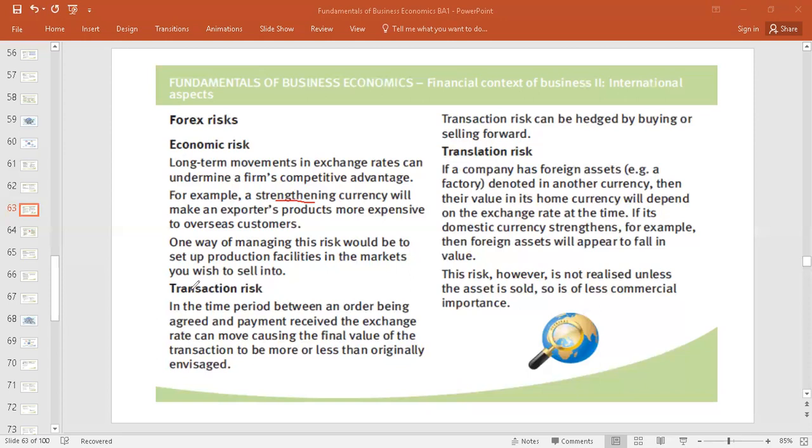At that time, the investments made in foreign countries, the asset value has to be translated into the domestic currency. On translation, because of fluctuation in foreign exchange, the value of assets may seem to be low. Any kind of risk which exists on account of this, we call translation risk. So economic risk, transaction risk, and translation risk.